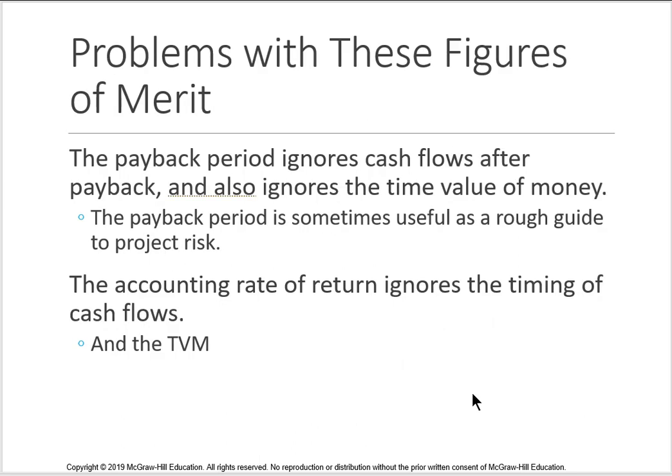The problems with these techniques, and there are several of them, but the primary challenge is it doesn't use the time value of money. We're just using the gross number of the cash flows. And time value of money, as we'll see in some later videos, is very important to understand the actual value, because we can invest money.